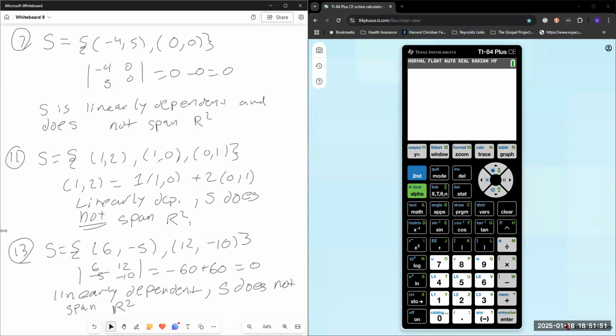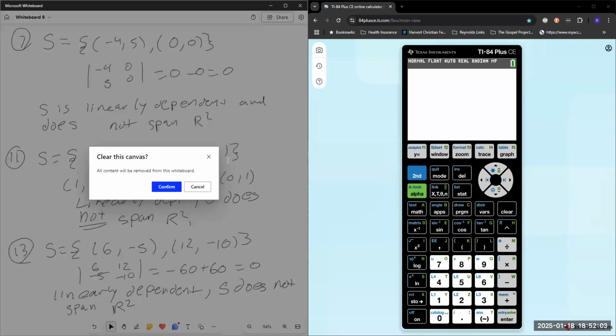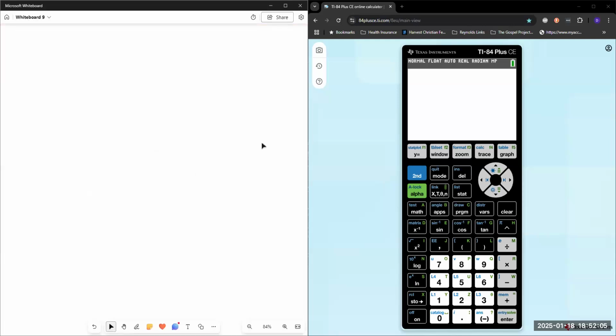So let's move on to the next ones. They will be the same kind, but they will be with R3. So we're going to say why these do not form a basis for R3, starting with number 15.